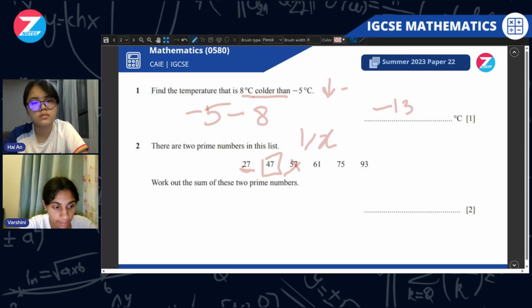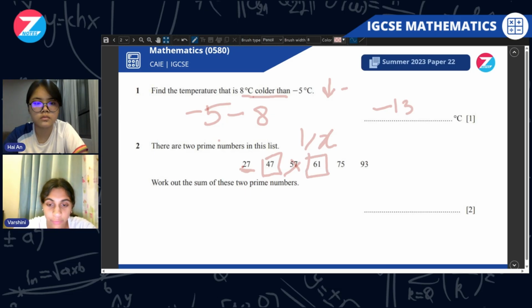We can try dividing it by 13, and you should also not get a whole number. So if you do this, you'll see that 61 is a prime number. It doesn't have any other factors, so we can circle this.